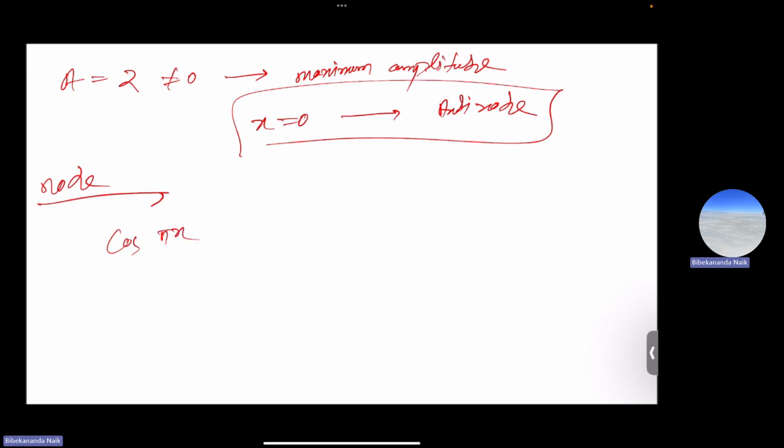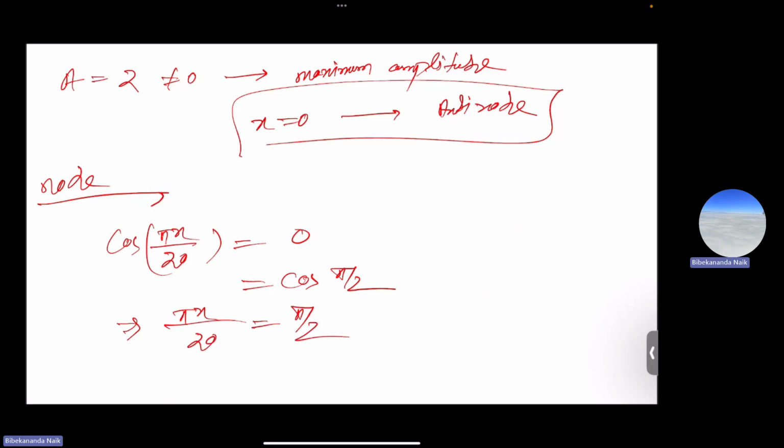Now for node, cos pi x by 20 will be 0, which is cos pi by 2, because cos pi by 2 is 0, cos 90. So pi x by 20 is equal to pi by 2. So x is 20 by 2, that is 10 centimeter.